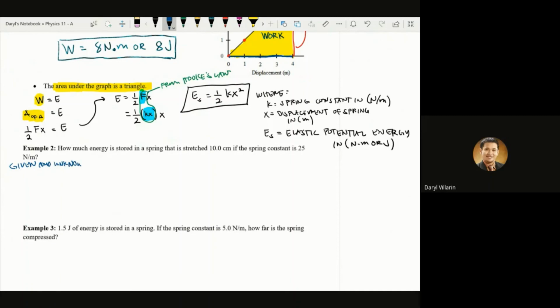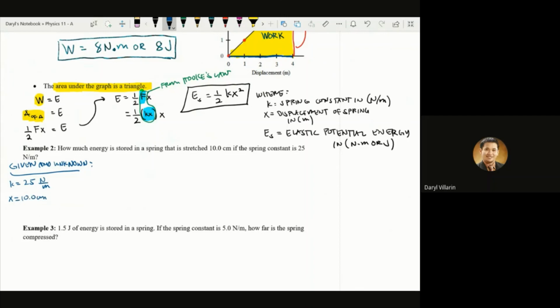The given here is k. From the unit itself, you can identify that that would be your spring constant, 25 Newton per meter. And then the x, we use x for stretch out, so that pertains to it being displaced by 10 centimeters.